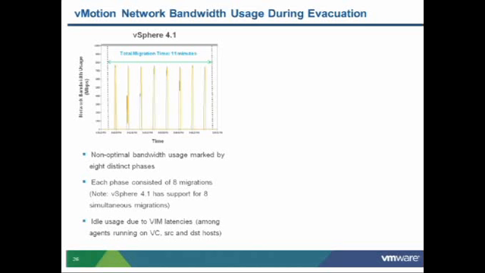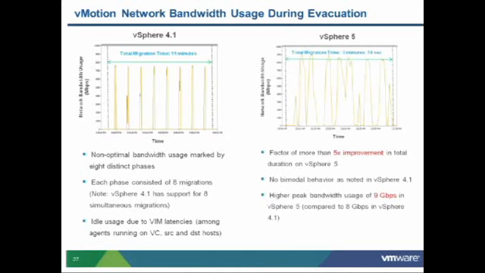And during each phase, as you can see, we were able to use about 8 Gbps bandwidth. So we were able to use the bandwidth very effectively, but unfortunately, between all these phases, the network usage remained idle because of all the management latencies. So obviously, it's not optimal, and we made tremendous improvements here.